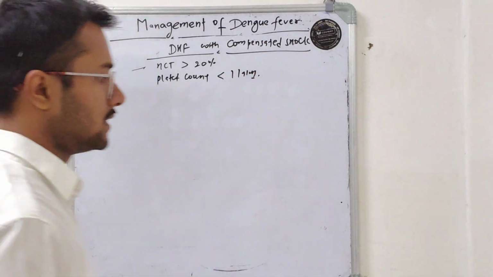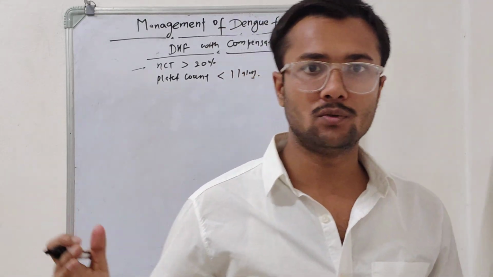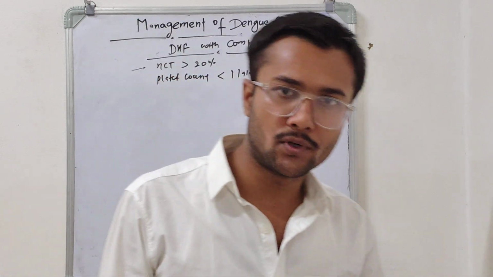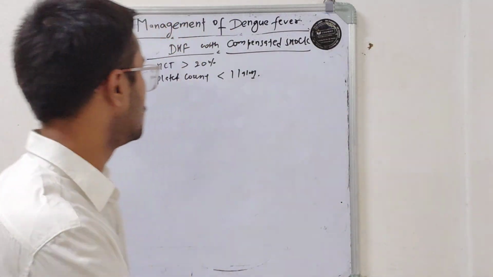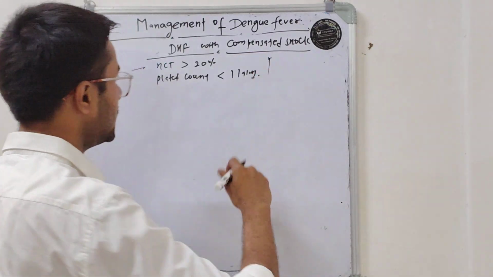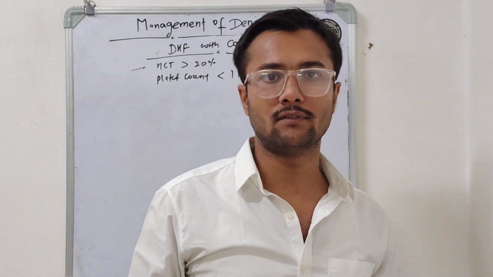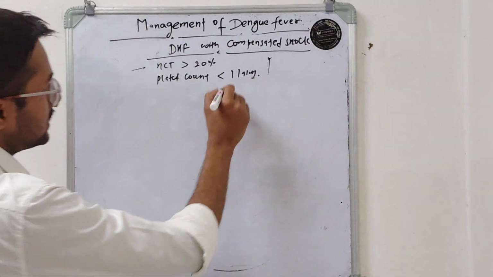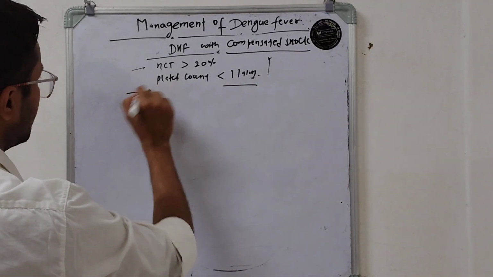In the without shock condition, his hematocrit level rises by 5 to 10%, and the platelet count is reduced to 1.5 lakhs, but it is not below 1 lakh. But here both parameters will change. Its hematocrit level will be elevated more than 20%, and platelet count is below 1 lakh. So these are the two important criteria.